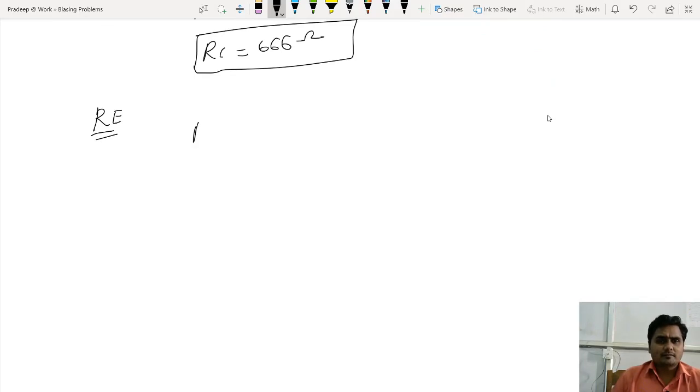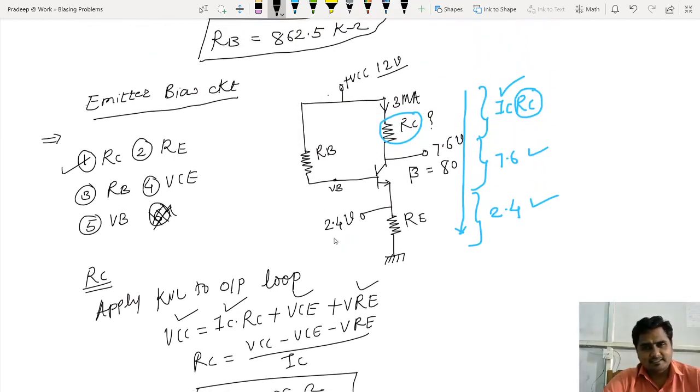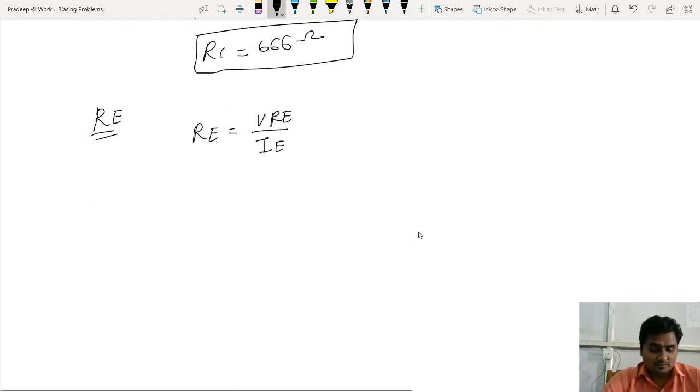For any resistor, it is the voltage across the resistor divided by the current flowing through it. The voltage across RE is given, 2.4. The current flowing through RE is not known, so we have to find it. That is IE generally.